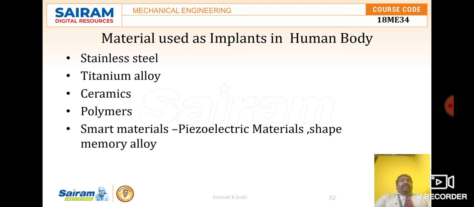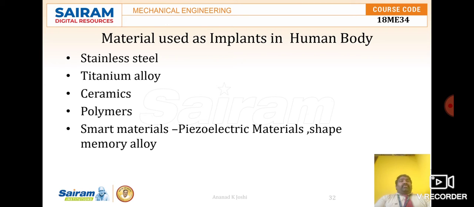So these are all the materials, and finally we are going to discuss smart materials also, for example piezoelectric material. It is capable of transferring acoustic vibrations into electrical signals, and is used in cochlear implants for better hearing ability.